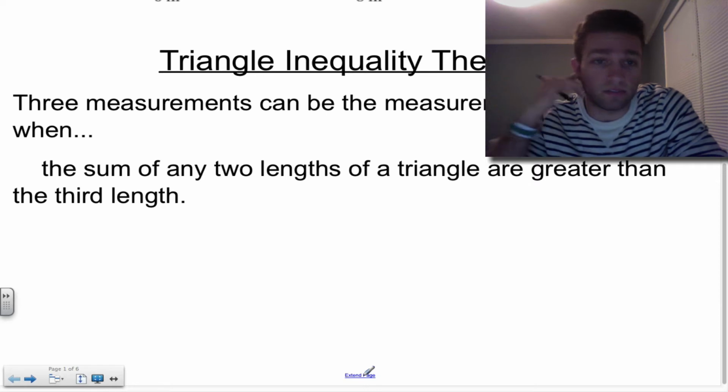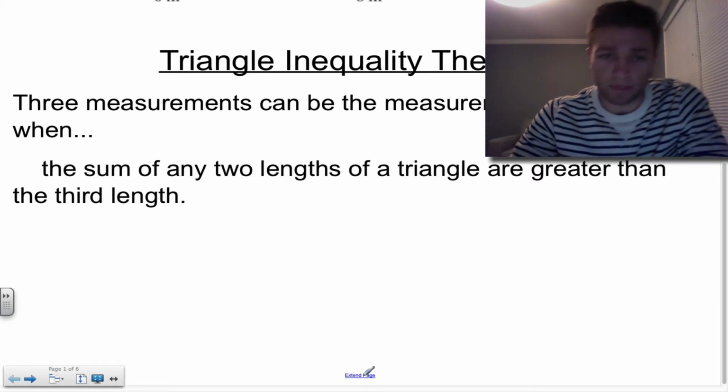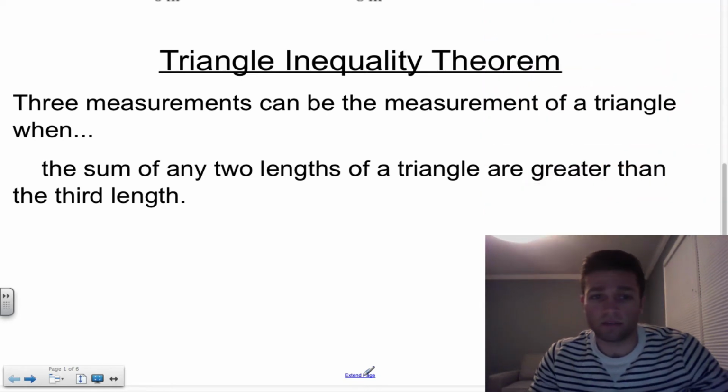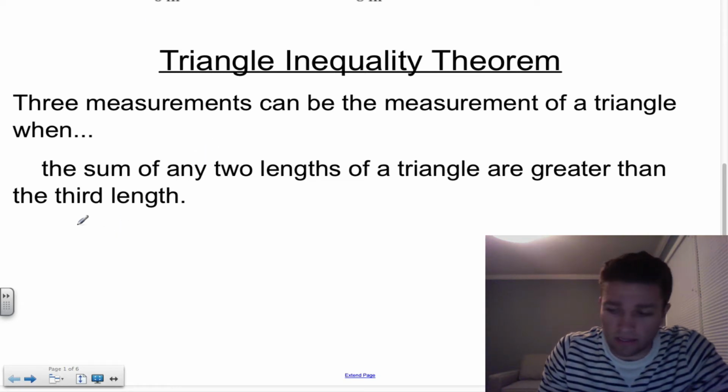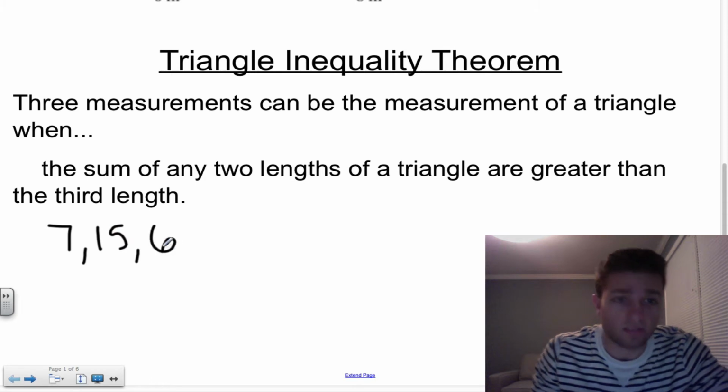Now that sounds a bit wordy, but if we break it down, all it's saying is, let's take the numbers 7, 15, and 6.